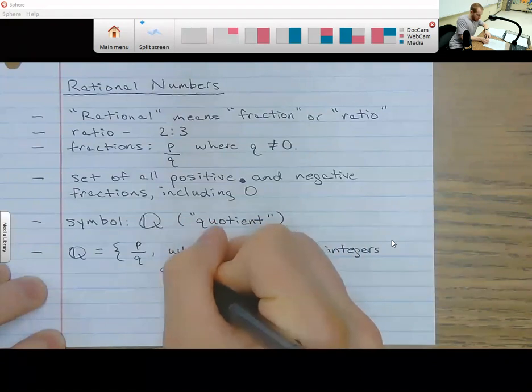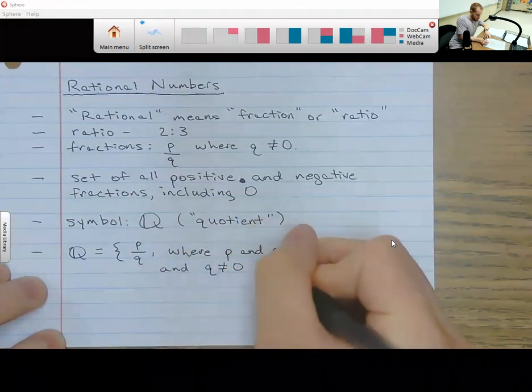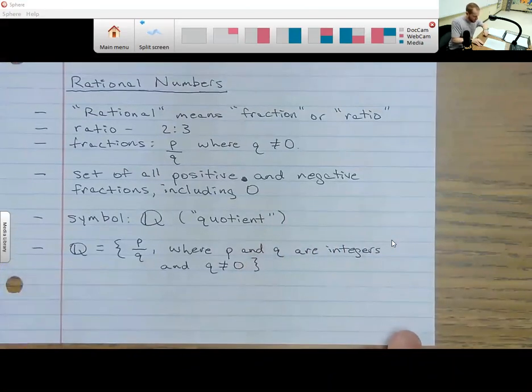And Q cannot equal 0, as we previously mentioned. That is not allowed. So basically, it's the set of all fractions where you have a numerator and a denominator. Both the numerator and the denominator have to be whole numbers for this to work. They can be positive or negative whole numbers. P can be 0, that's fine, but Q cannot equal 0 because you'd be dividing by 0, right?